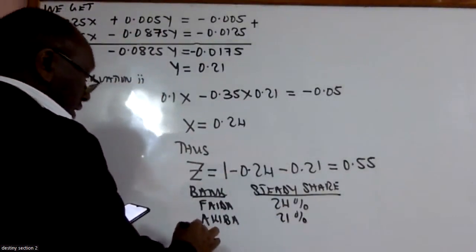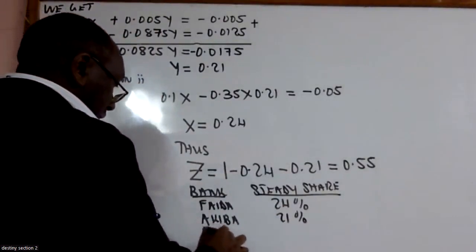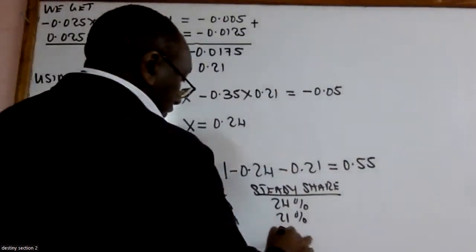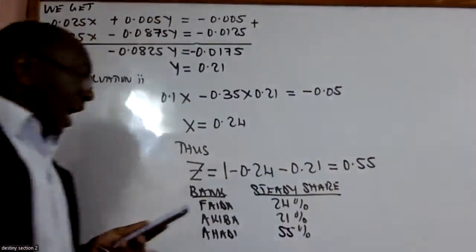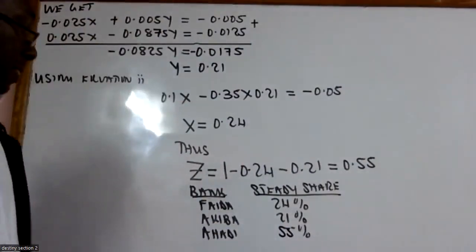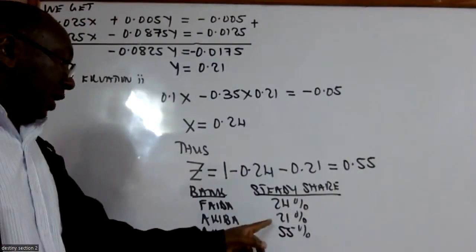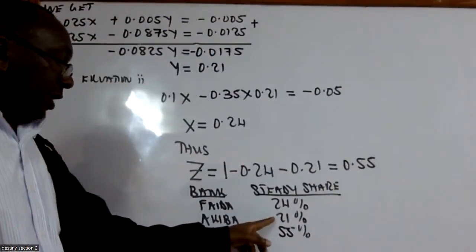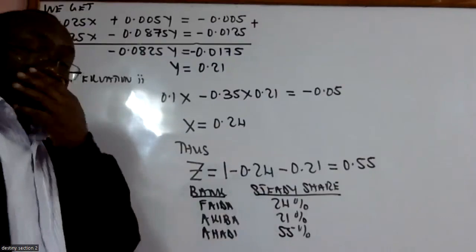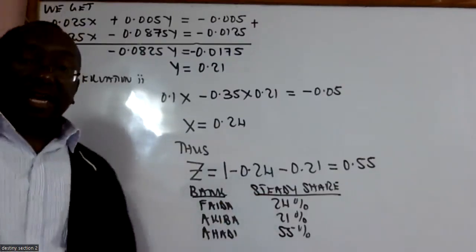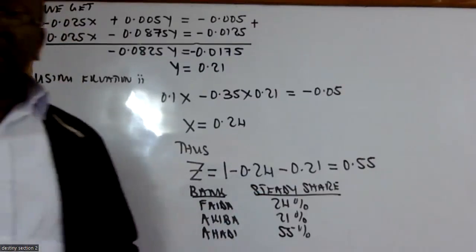Then there is this other one, Ahadi, represented by Z, 55%. You can see Ahadi are doing so well. They hit Akiba, bringing Akiba from 50 down to 21. They pushed Faida from 30 to 24. So they have really encroached on the market.